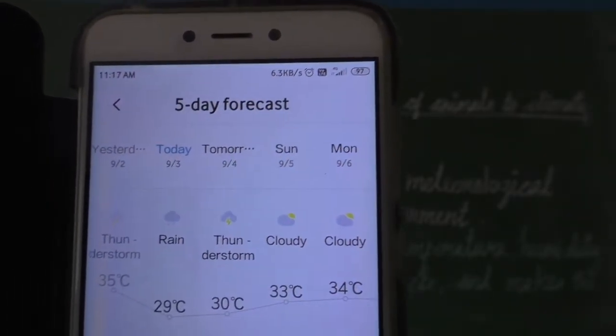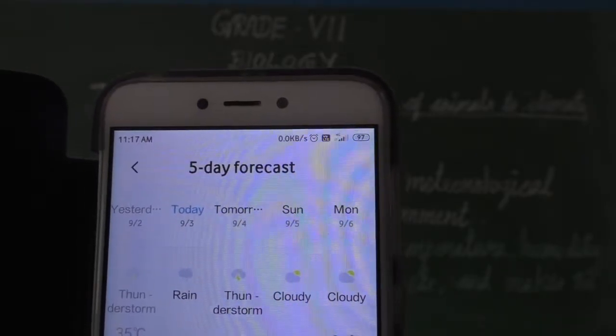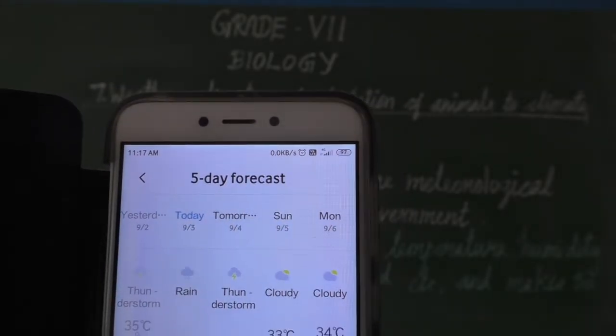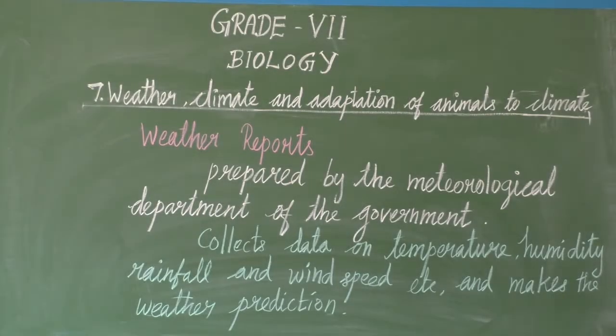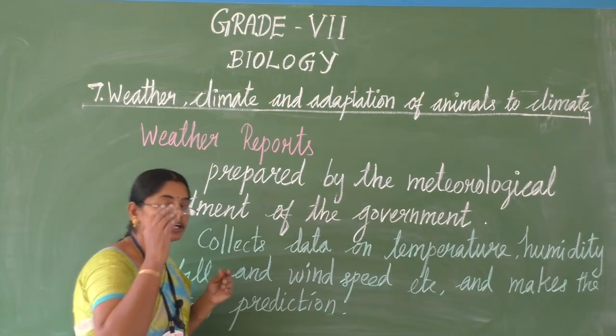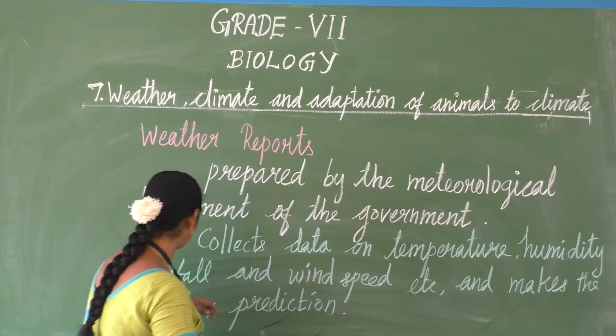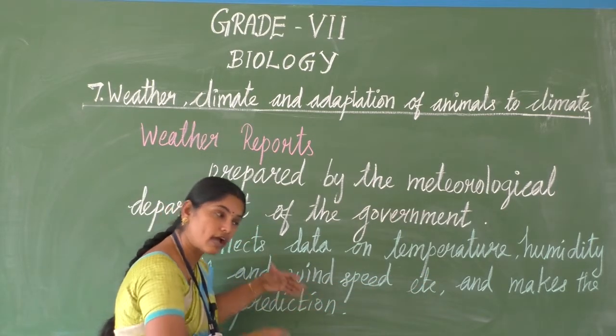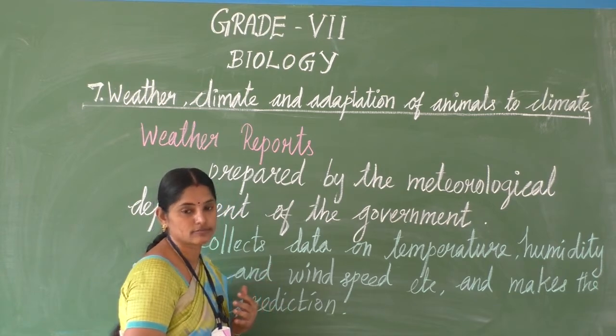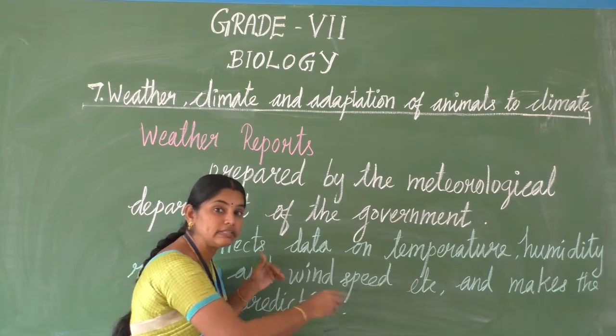So weather is the day-to-day condition in the atmosphere with respect to temperature, humidity, rainfall, wind speed and some other parameters.